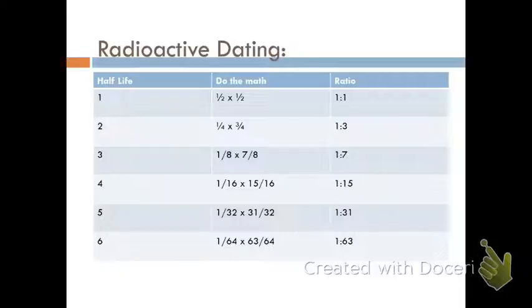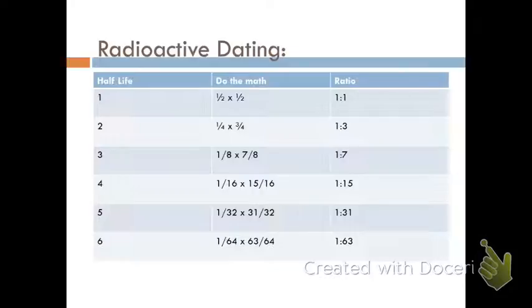And you keep going. So we get down to 6 half-lives, and we've got 1 in 64 parts are radioactive, and 63 in 64 parts are stable. We can go to a 7th half-life, and it's going to keep increasing the amount of stable and decreasing the amount of radioactivity. And if I multiply, say, 6 half-lives, and the half-life was 2,000 years, then 6 times 2,000 is 12,000 years old.